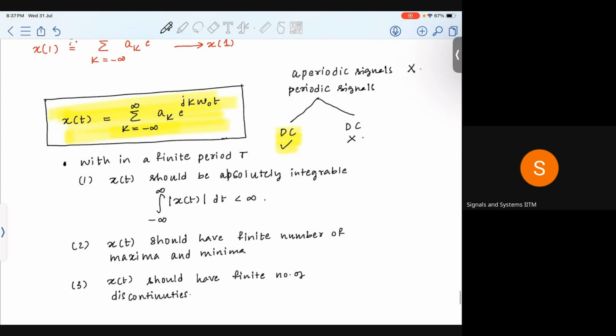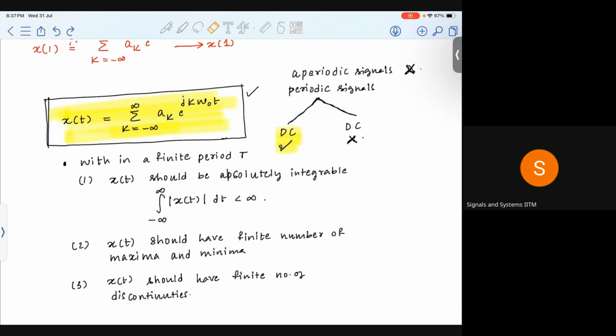Even for periodic signals, only the signals that satisfy these Dirichlet's conditions have this valid representation. The signals that do not satisfy Dirichlet conditions, for those signals, this is not a valid representation because the sum never converges to this value. So to summarize, Fourier series representation for aperiodic signals is not possible.